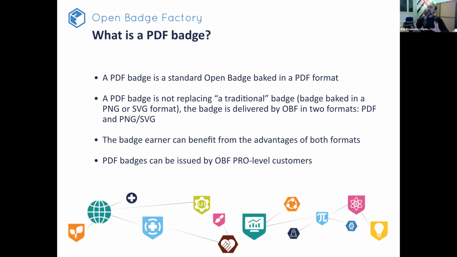I will speak more about the reason, but the idea is that the earner can benefit from the advantages of both formats. This feature is proposed at the OBF Pro level, so you need to be a Pro customer to be able to issue this kind of PDF badges.